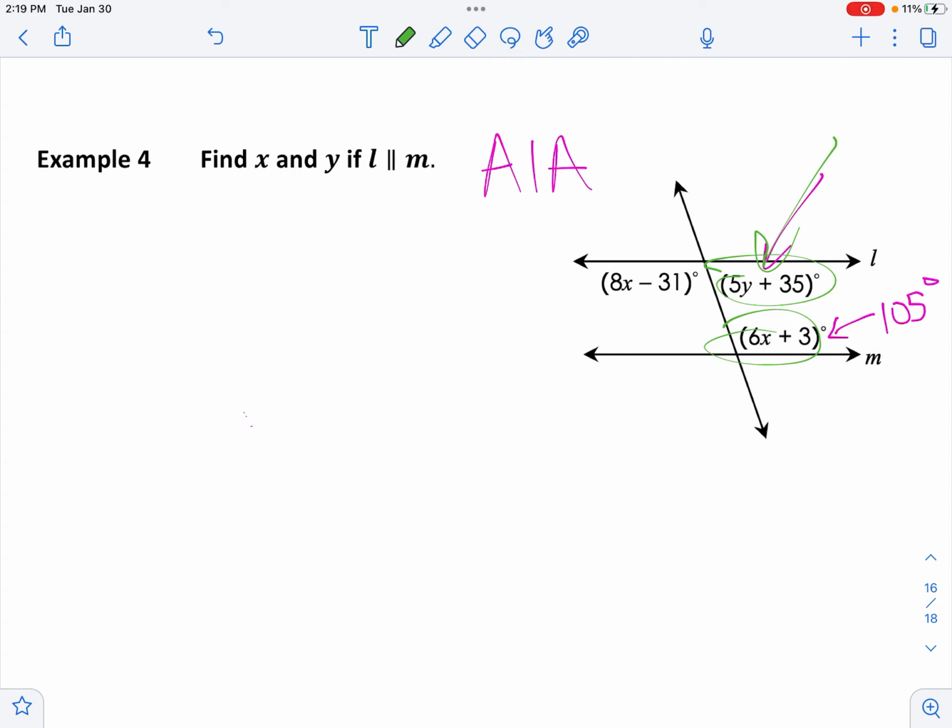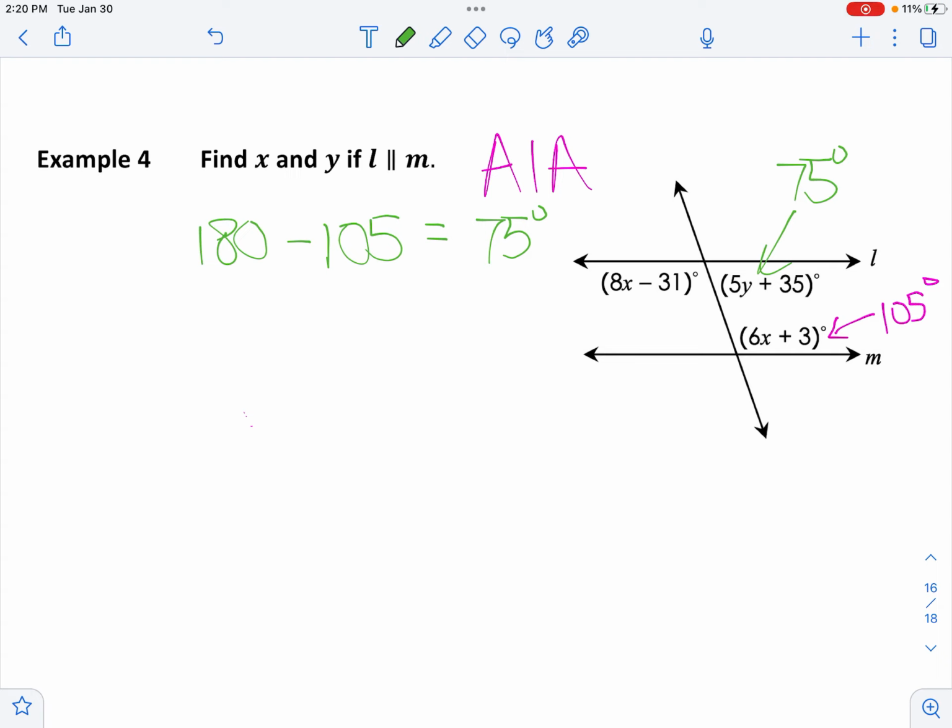They're same side interior angles. So that means these two have to be supplementary. So if I know that this is 105, I should be able to find what the other one is. So that means this angle here should be 180 minus 105, which is 75 degrees. Okay, so I now know that this has to be 75 degrees.